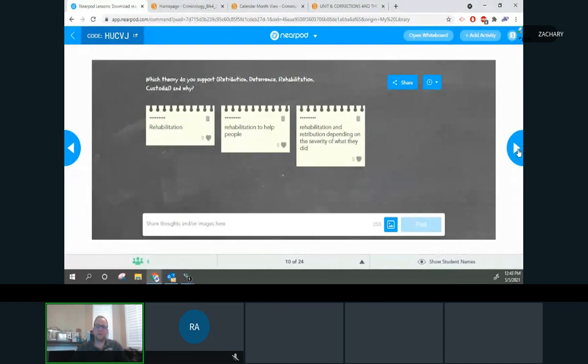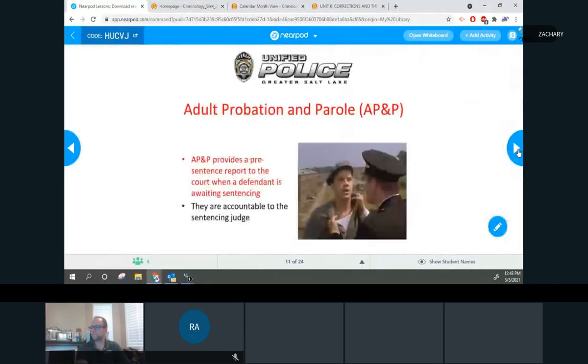They don't mix the two now. They've kind of separated those, and they're working on rehabilitation with a lot of those that are lower level. Another thing is small crimes like drug crimes and stuff like that.